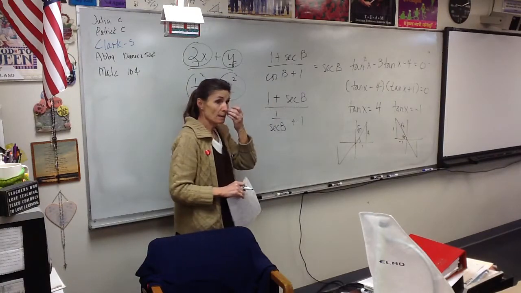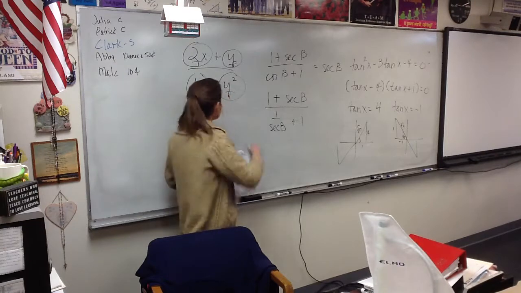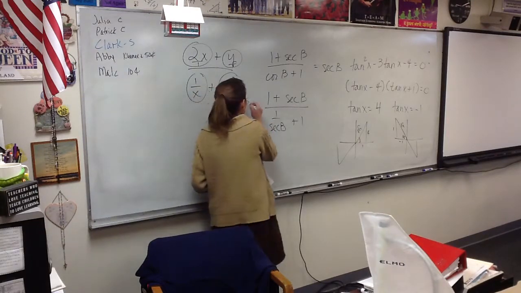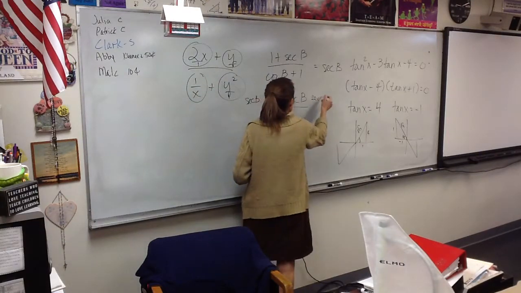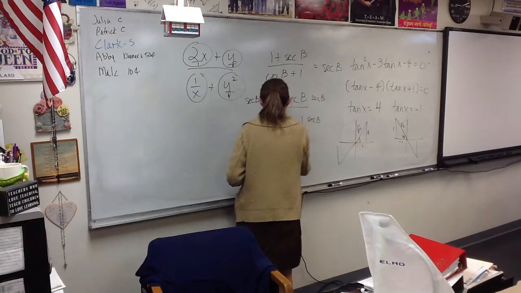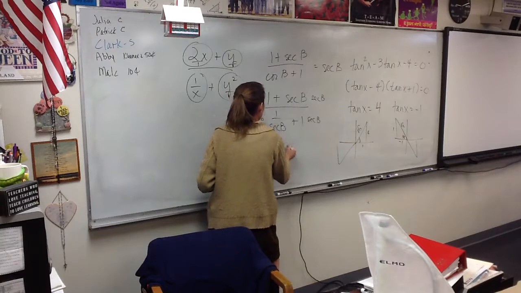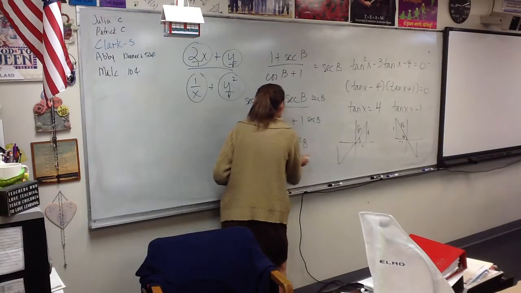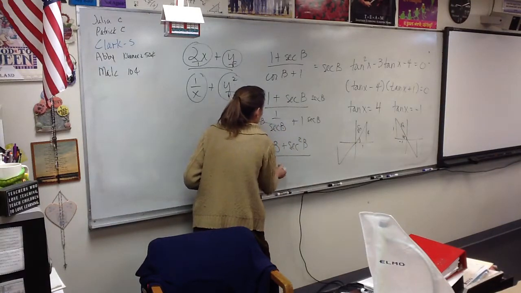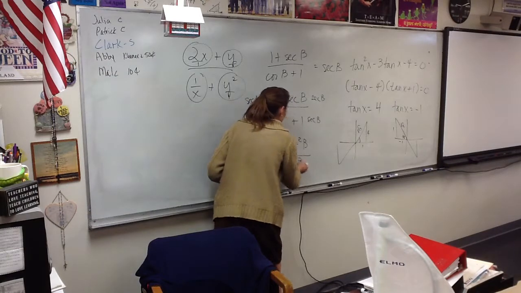Okay, so then what? Multiply everything by secant. Yeah, we're going to multiply everything by secant. So then we have on top, secant plus secant squared over 1 plus secant.